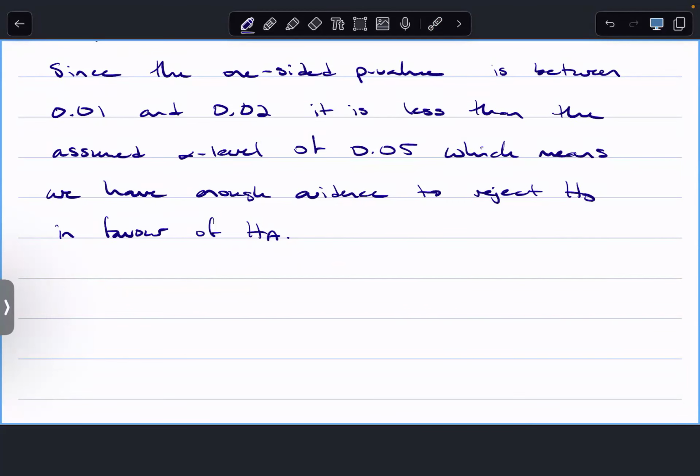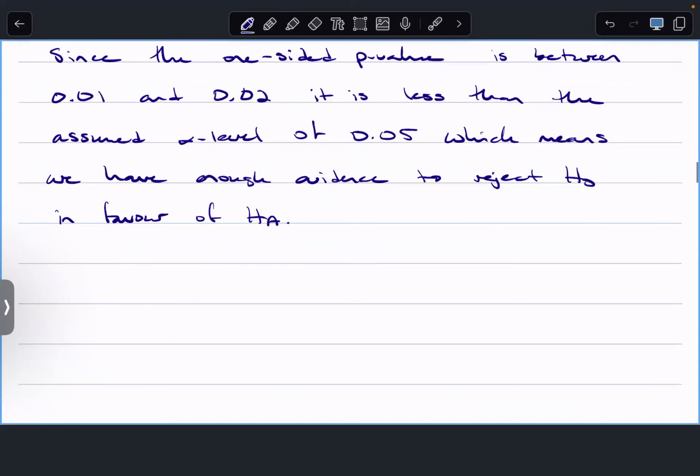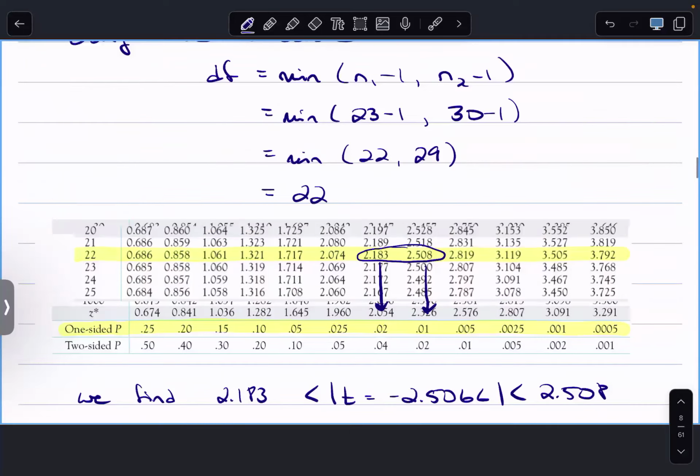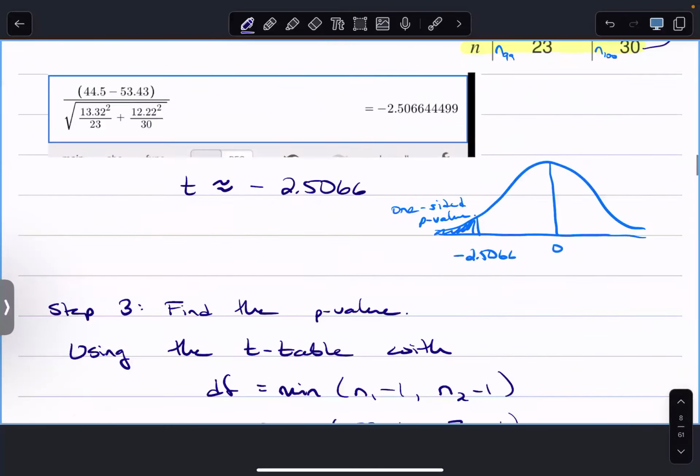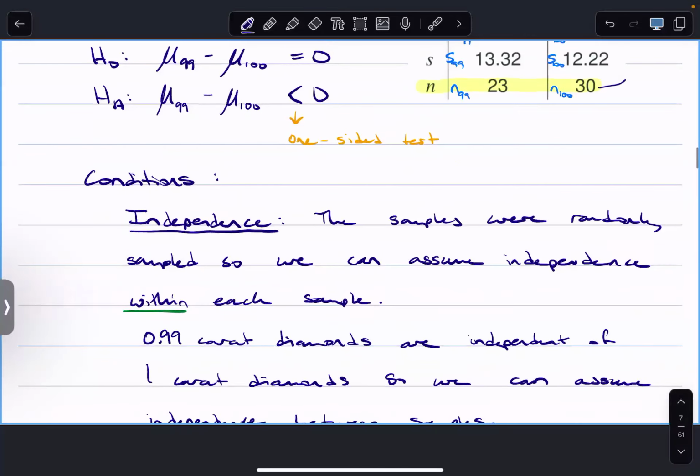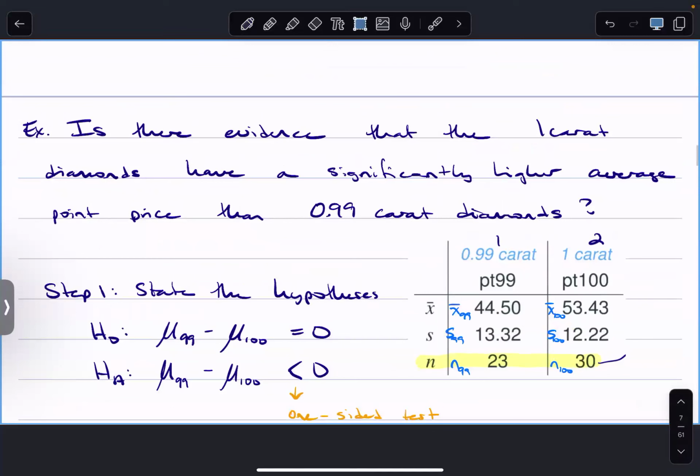If we rejected H naught in favor of HA, then what does that mean? Therefore, there is evidence, and I'm just going to grab the question that I wrote out so I don't have to write it again.